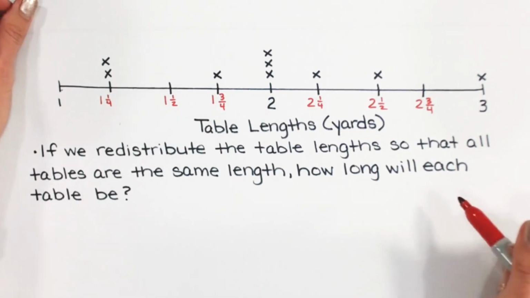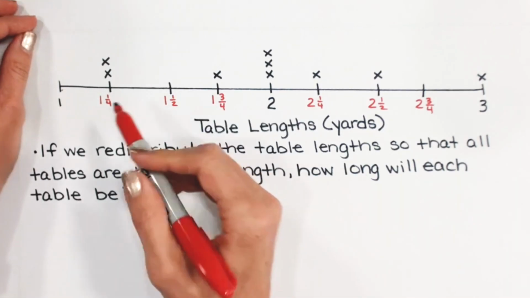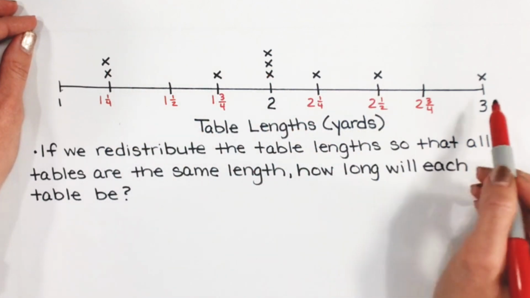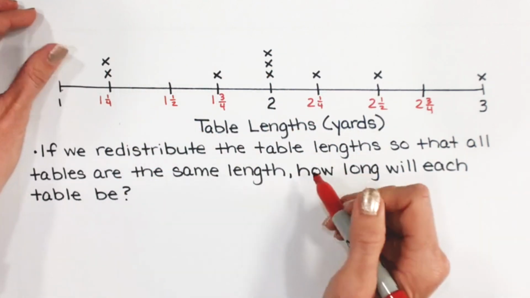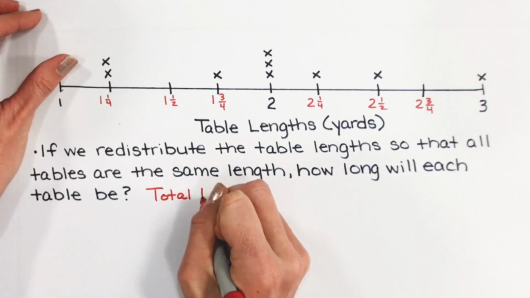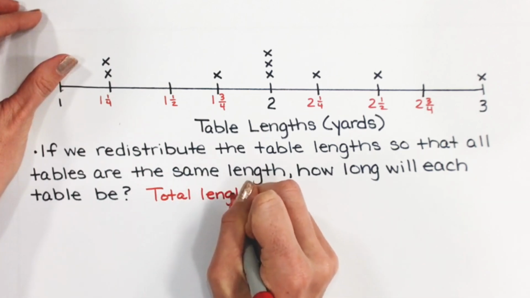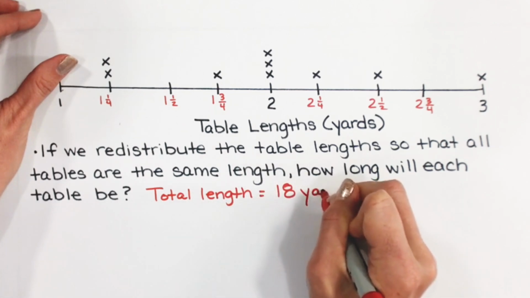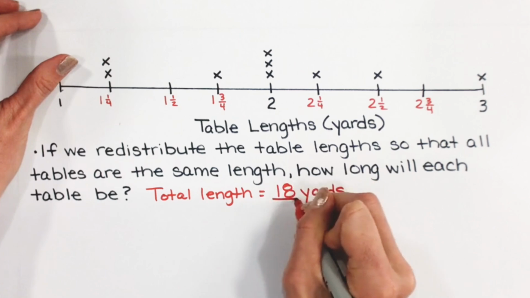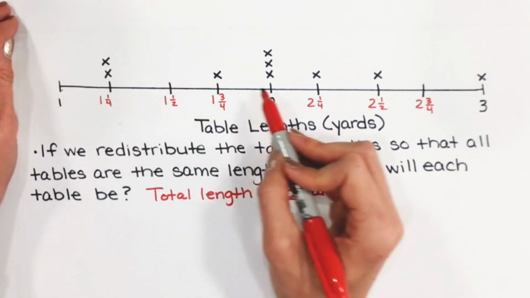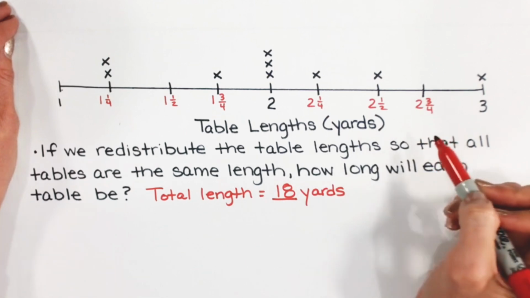So here, when we start to redistribute, we're going to add up all of our table lengths, which we did in our first problem. So we know that the total length of all the tables is 18 yards. Well, now we want to redistribute this evenly so that all the table lengths are the same length.